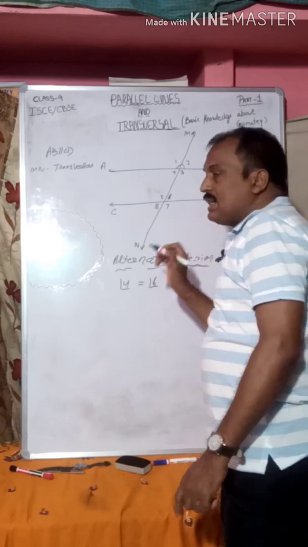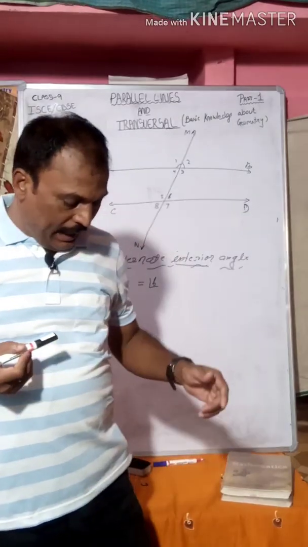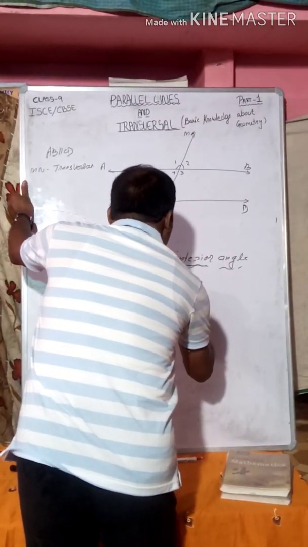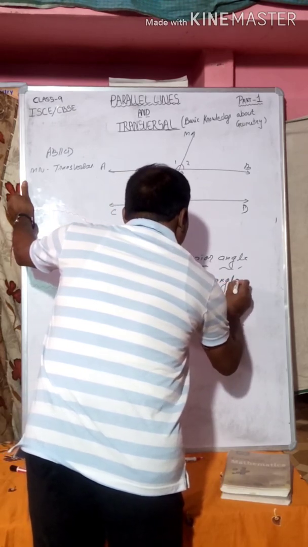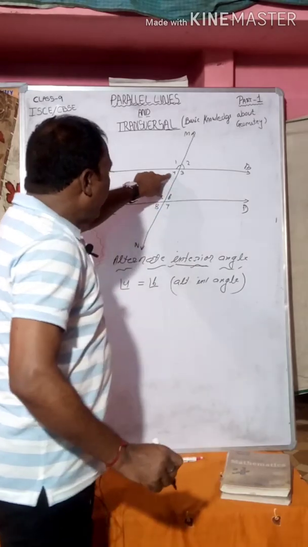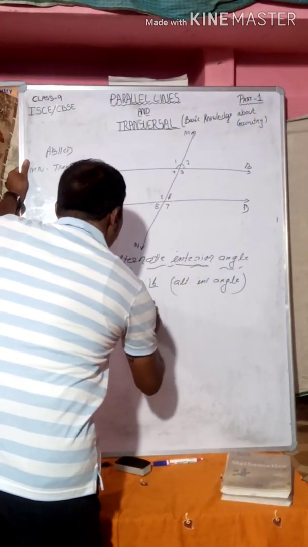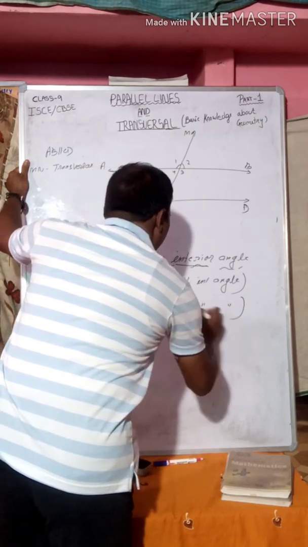They are not adjacent, so they are called alt-int angles, alternate interior angles, short form alt-int angle. Angle 4 is equal to angle 6. Now angle 3 is equal to angle 5. This is alt-int angle.